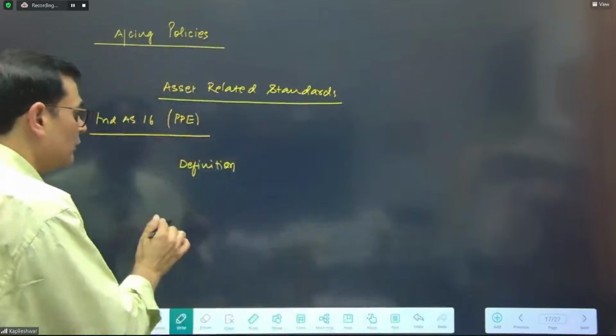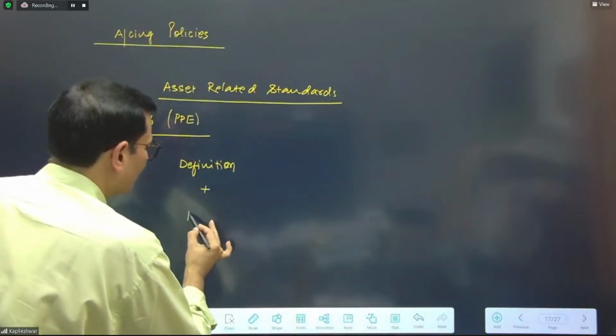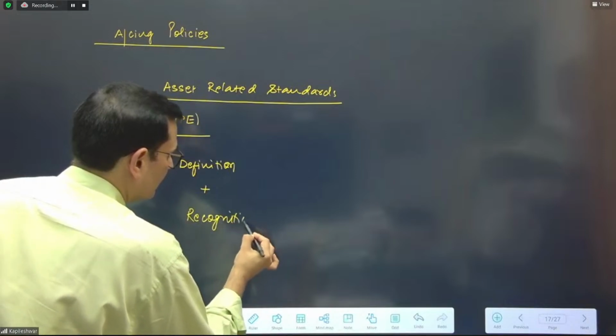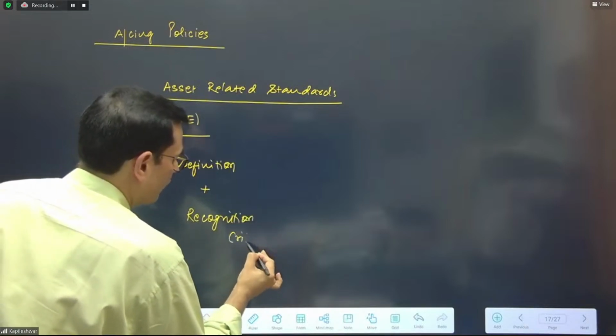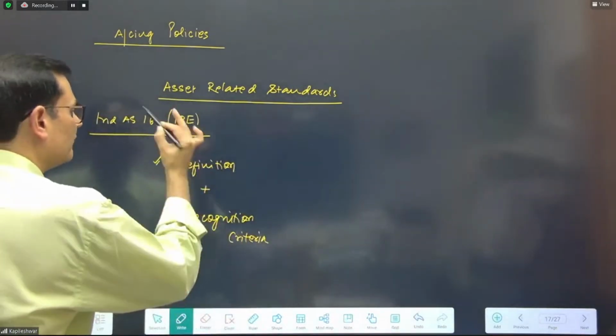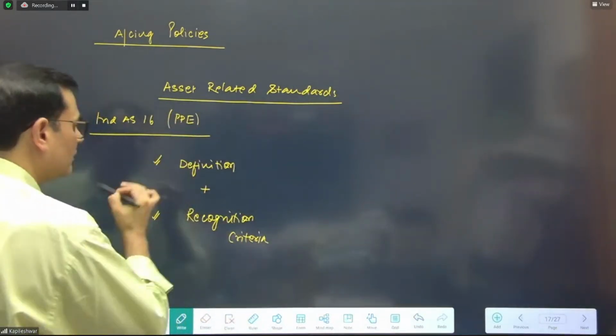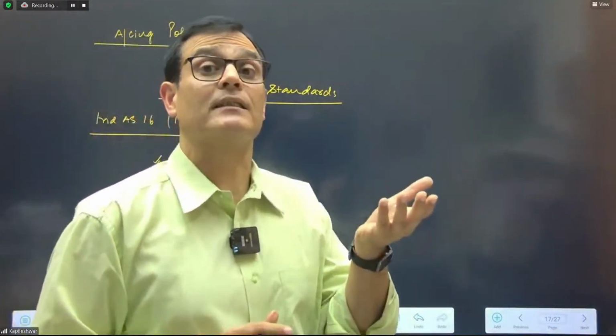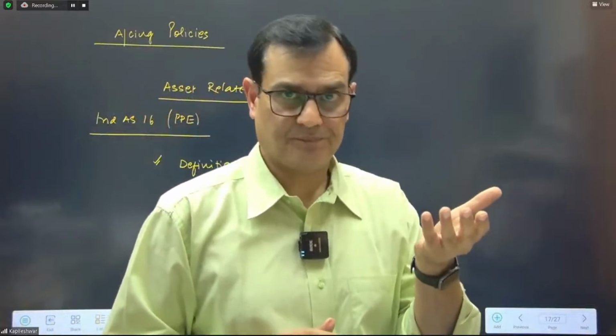Along with the definition, you also need to meet what we call a recognition criteria. A company needs to meet both the definition and the recognition. Only then can it be recognized as an asset in the balance sheet of the company.